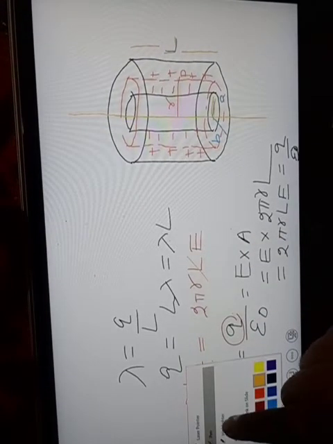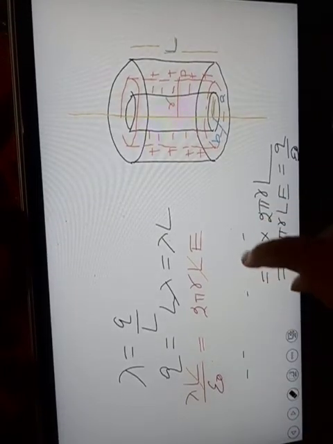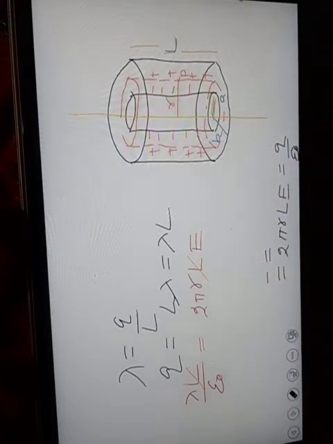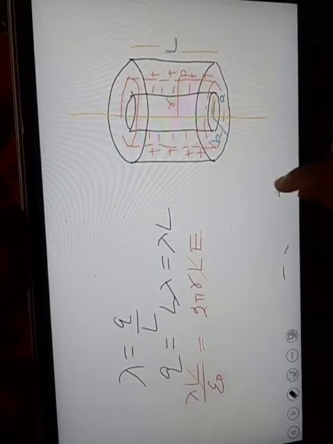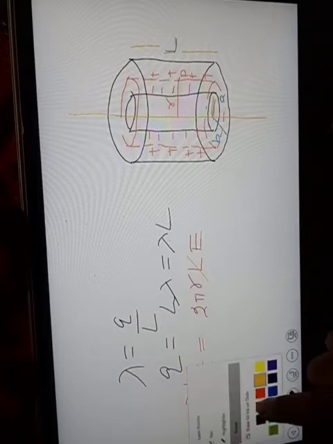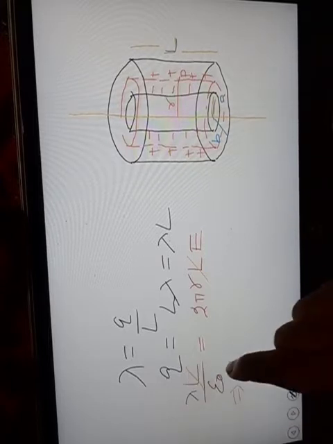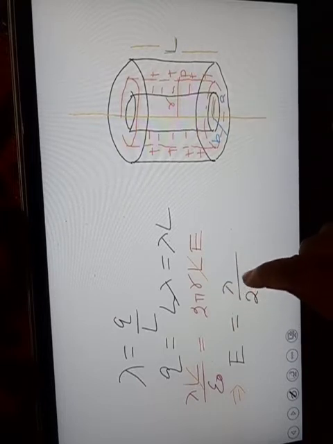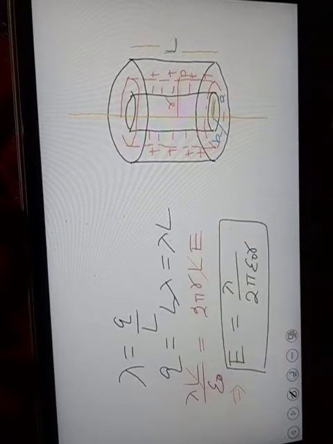After cancellation, we'll get the electric field, the value of E. That implies E is equal to lambda divided by 2 pi epsilon 0 R. This is the electric field E at the point P. Okay, understand?